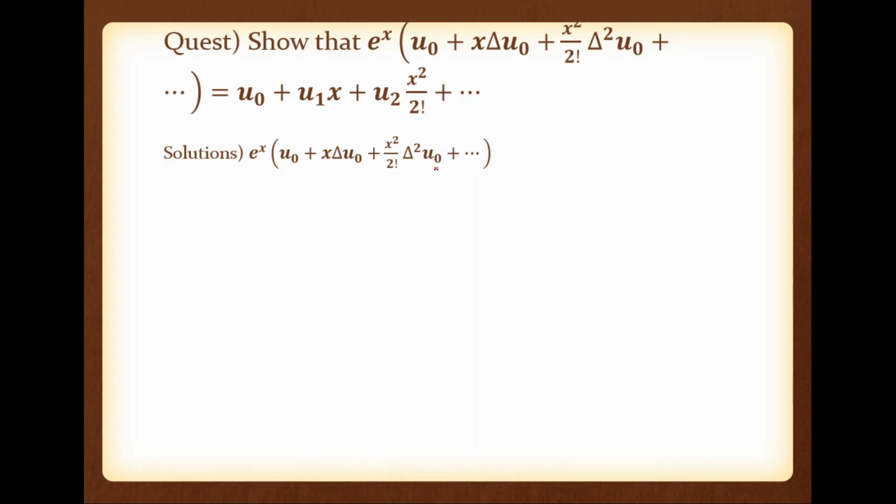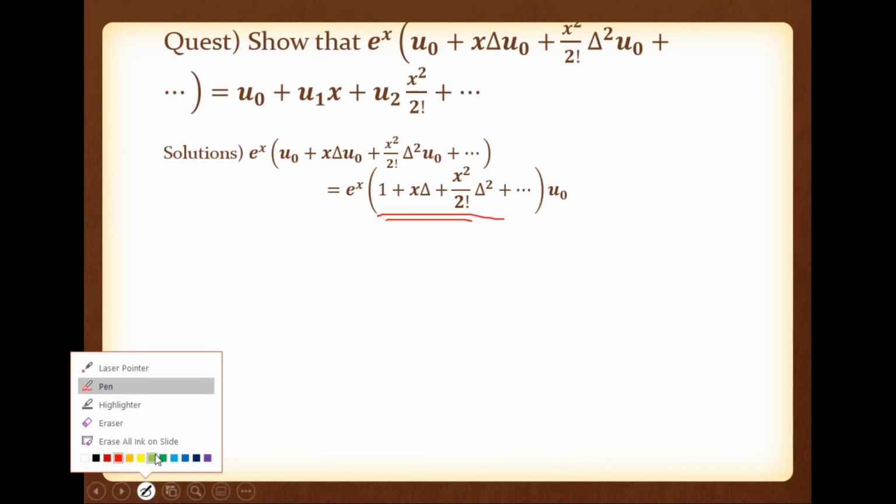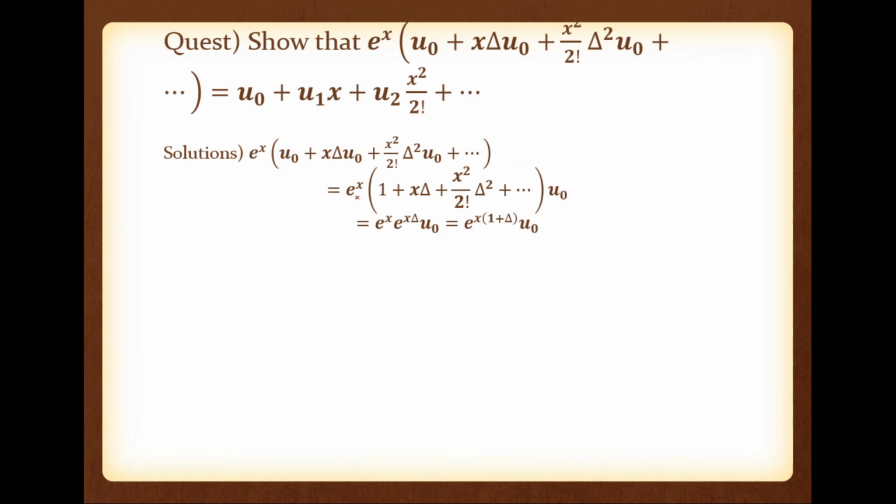So we can write e raised to x into (1 plus x delta plus x square by 2 factorial delta square plus etc.) into u0. This is a familiar term, right? This bracket is e raised to x delta. So outside we have e raised to x into e raised to x delta into u0.